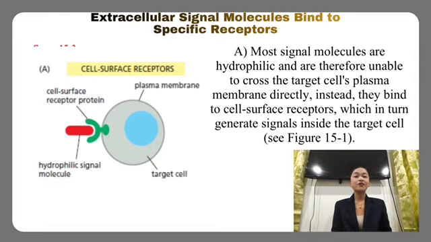So instead, they bind to receptor proteins located on the cell surface. Once this happens, the receptor sends a signal inside the target cell. It's like a messenger that passes on information without entering the cell.